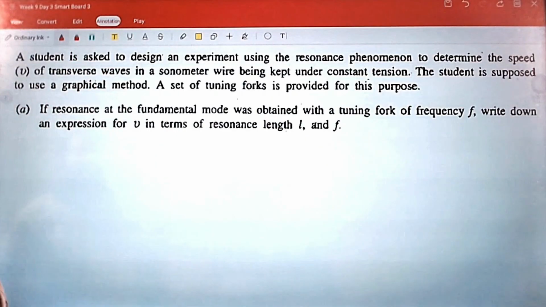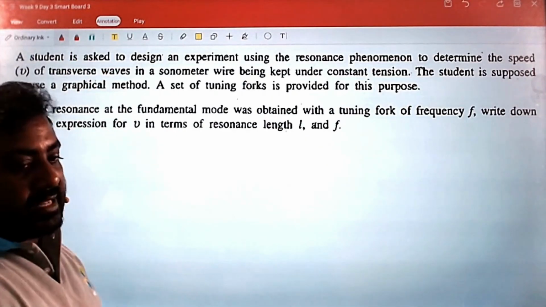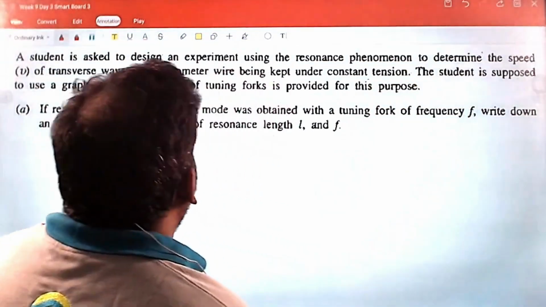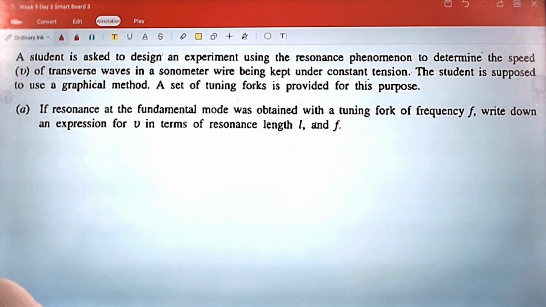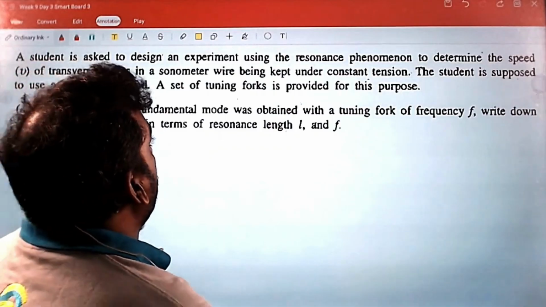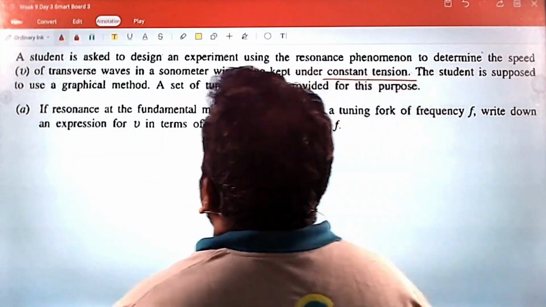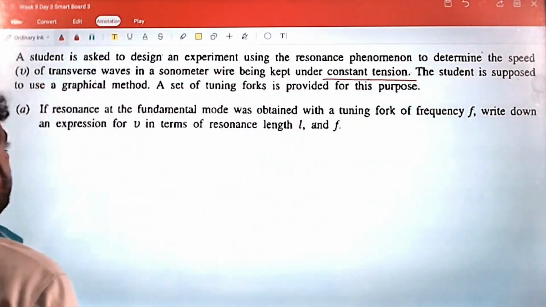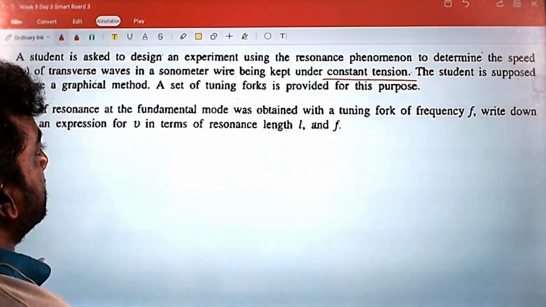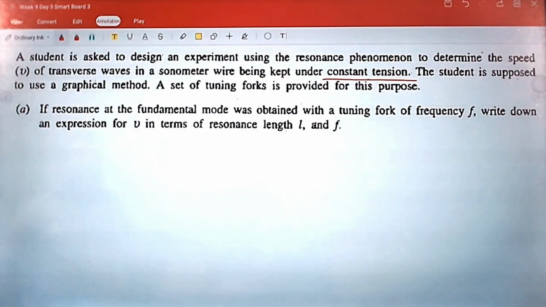A student is asked to design an experiment using the resonance phenomenon to determine the speed of sound in a sonometer wire kept under constant tension. The student is supposed to use a graphical method. A set of tuning forks is provided for this purpose. Resonance at the fundamental mode was obtained with the tuning fork.